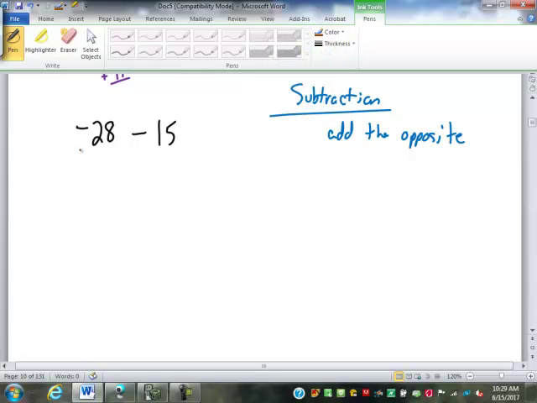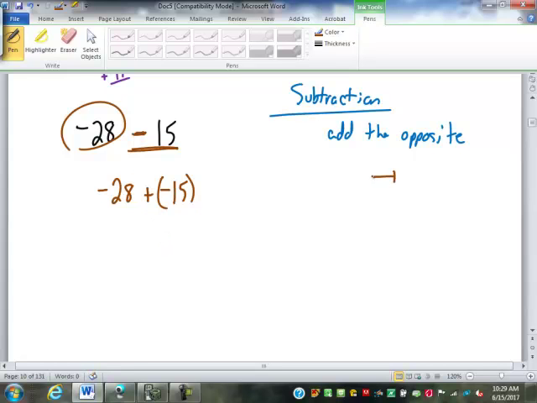So this first number is the negative 28. That does not change. The operation here, the subtraction, always goes with the number that comes after it. It acts with the number coming after it. So subtracting 15 becomes adding negative 15. The opposite of 15 is a negative 15.